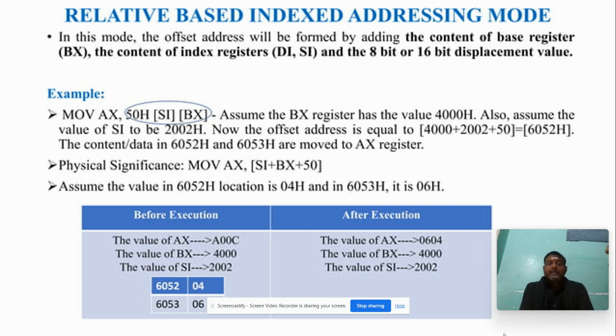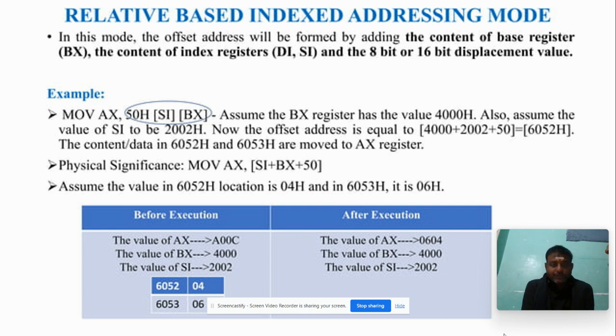Therefore, MOV AX, 50[SI][BX]. Assume BX is equal to 4000, SI is equal to 2002, and the displacement value is 50. Therefore, the physical address is SI plus BX plus 50.